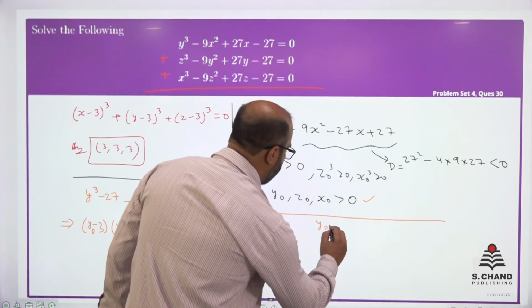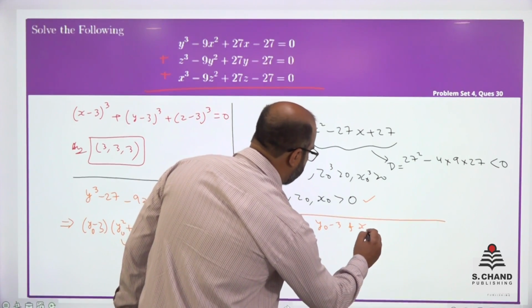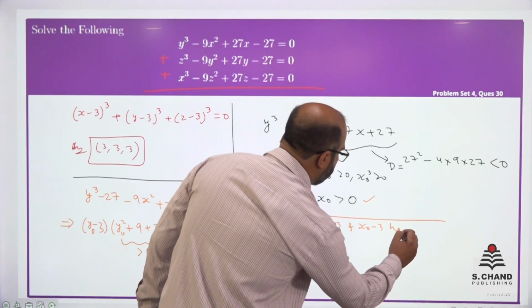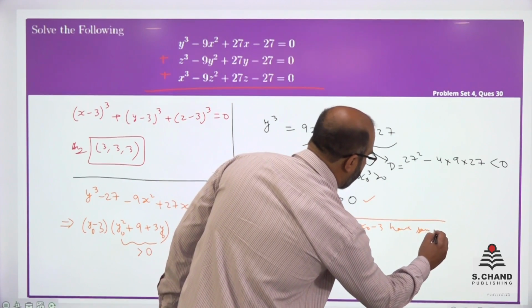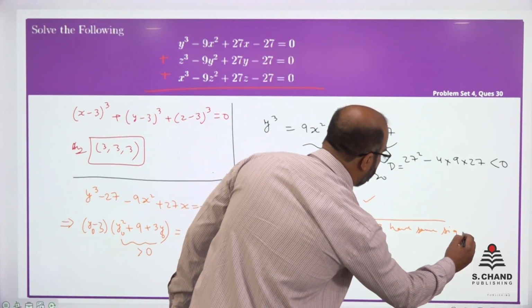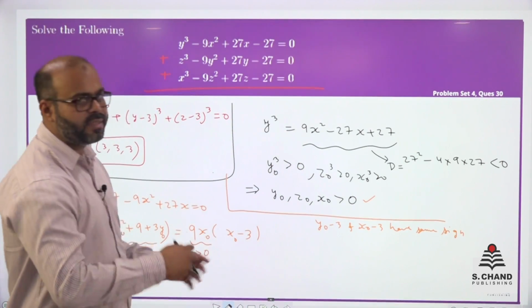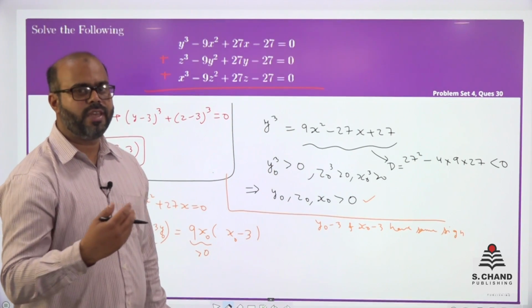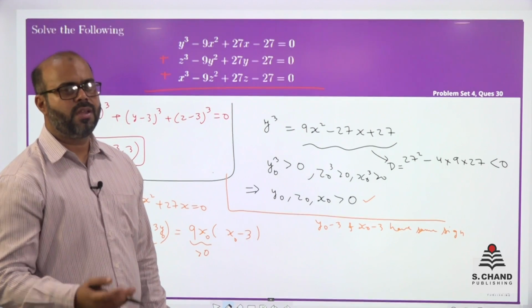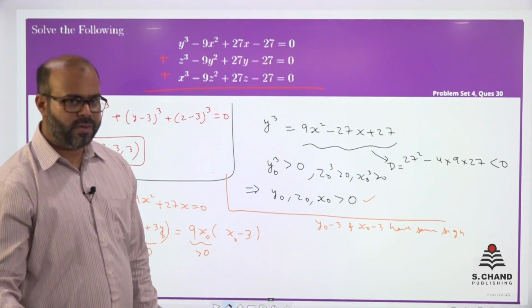Similarly, if you take the second equation, x naught minus 3 and z naught minus 3 will have the same sign, then z naught minus 3 and y naught minus 3 will have the same sign.